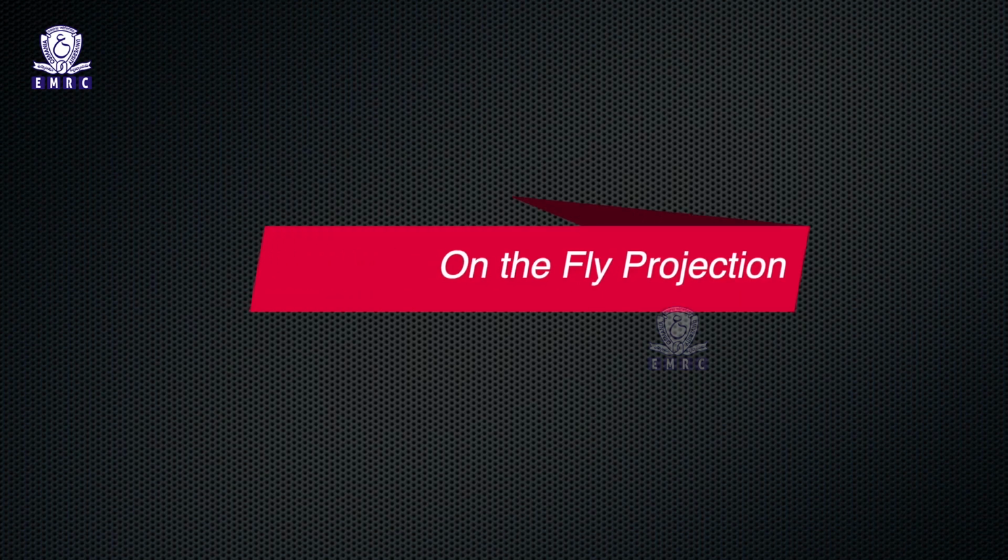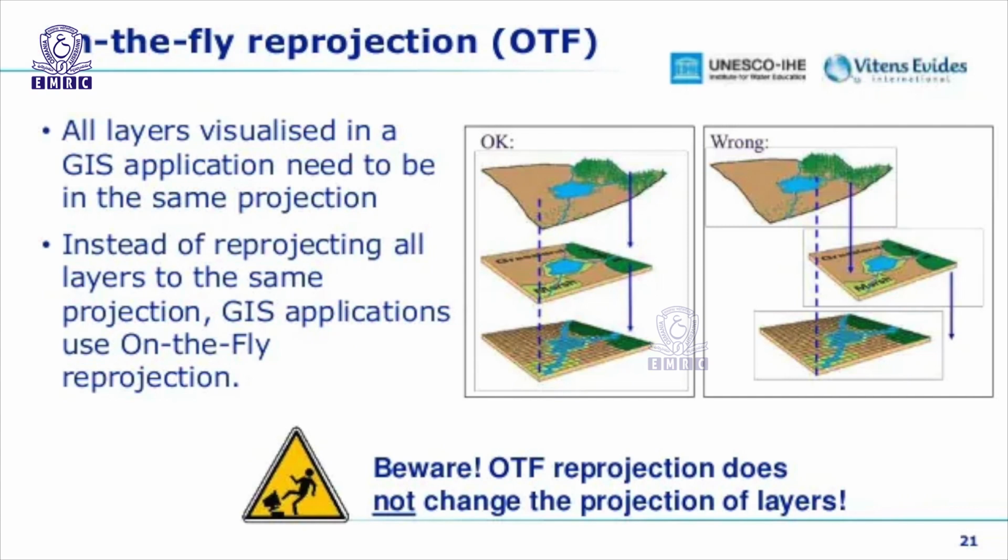On-the-fly projection. On-the-fly projection is a utility that has been heavily advertised by GIS vendors. It is designed for displaying data sets that are based on different coordinate systems. The software package uses the projection file available and automatically converts the data sets to a common coordinate system.